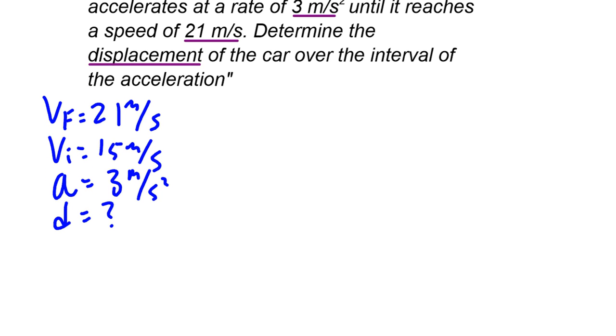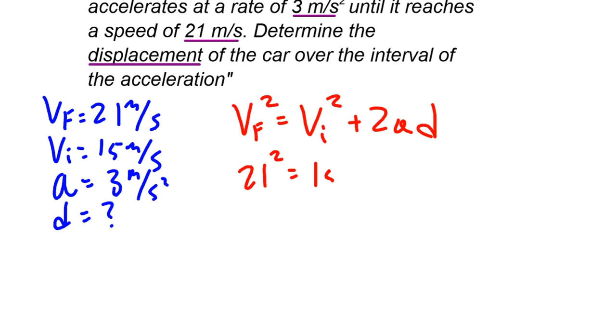By looking those up in the reference table, you can see that there is in fact an equation which allows us to solve this in one step: velocity final squared equals initial velocity squared plus 2 times acceleration times displacement. If we plug in the values, 21 squared equals 15 squared plus 2 times 3 times displacement, we can go ahead and solve.